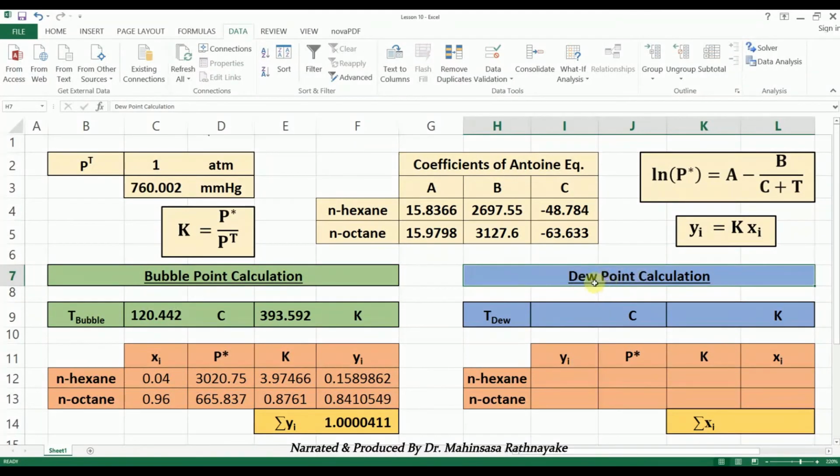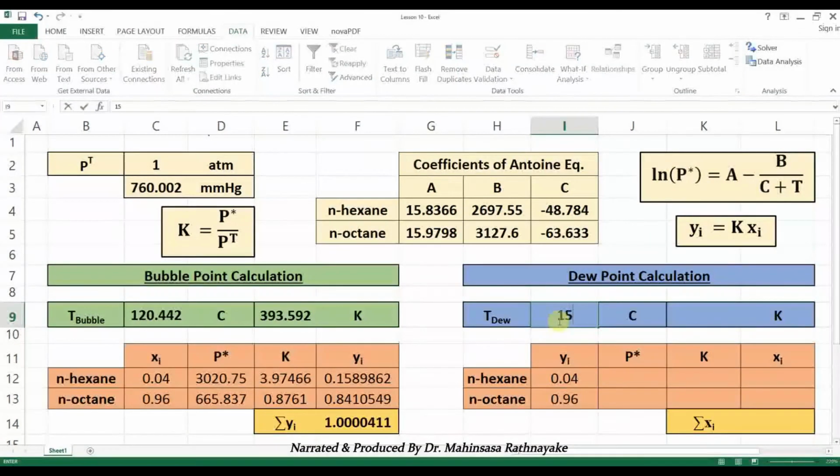Similarly, we can find the dew point. Let's enter the vapor mole fractions as 0.04 for N-hexane and 0.96 for N-octane. Then assume a temperature value for the dew point. To be close to reality, the dew point should be higher than the bubble point.